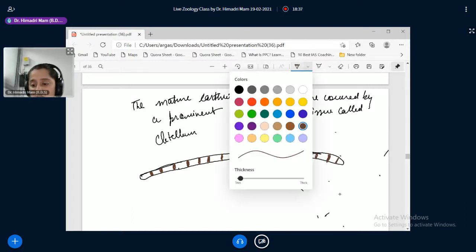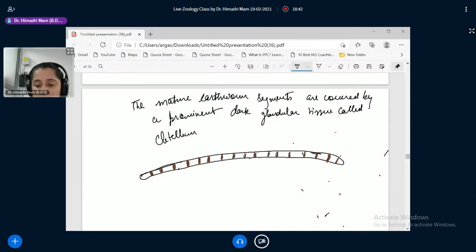There is a dark glandular tissue known as clitellum. Now this is clitellum, and the region before the clitellum is known as preclitellum.